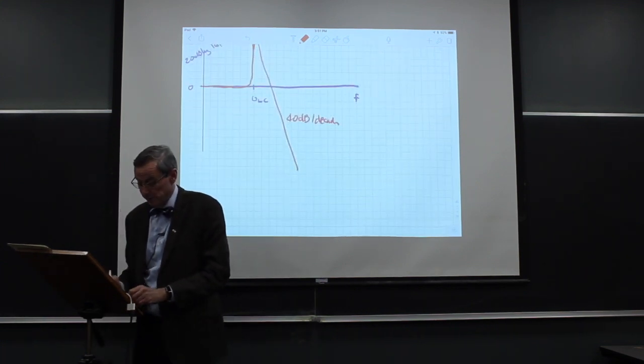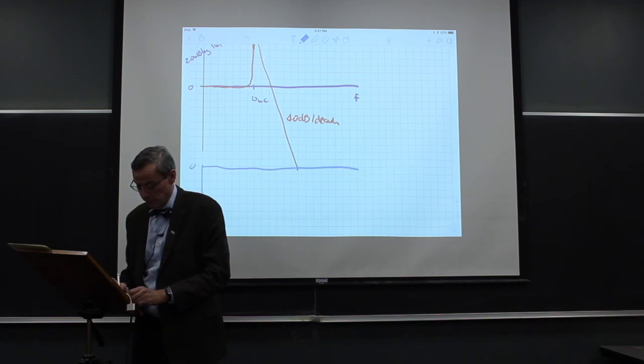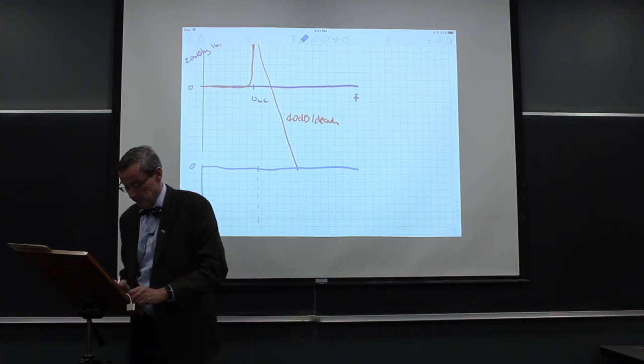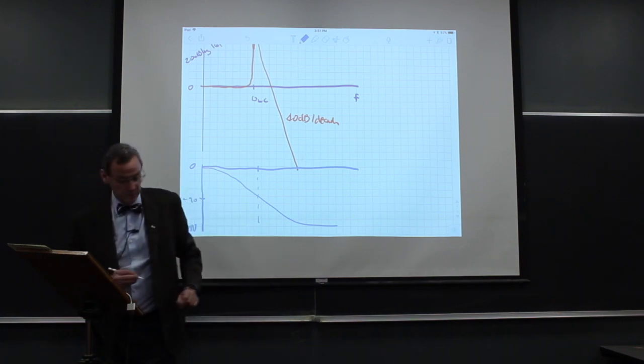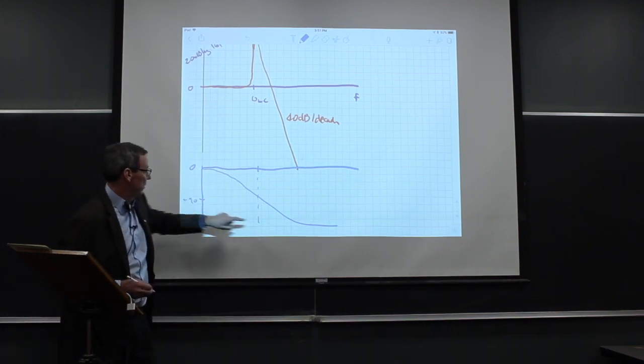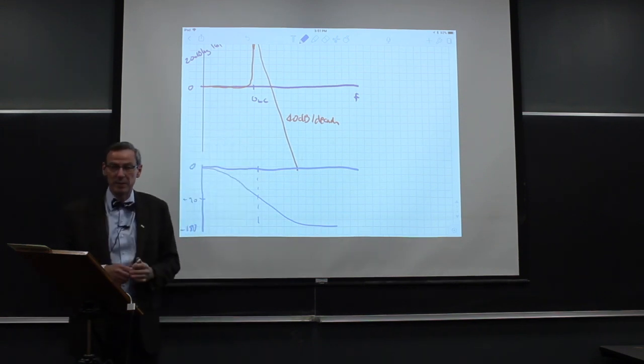And the phase is going to go from 0 to minus 180, through minus 90. It looks something like that. It starts at 0 and then goes to 180, and it'll go through 90 degrees at that resonance point.